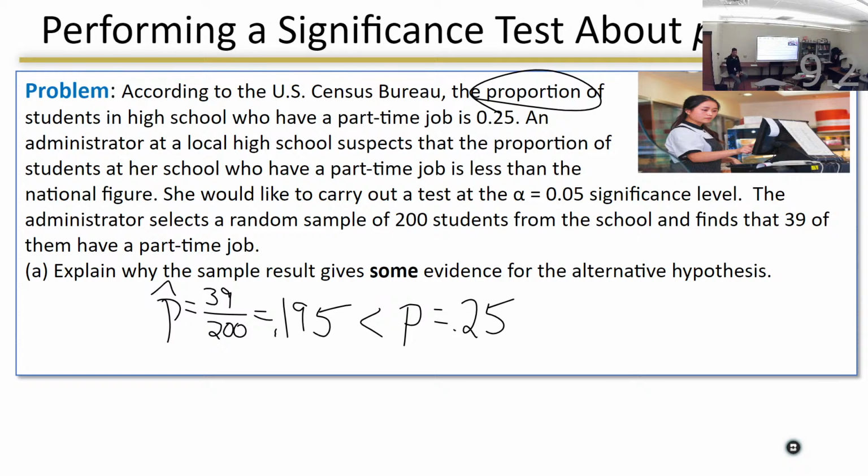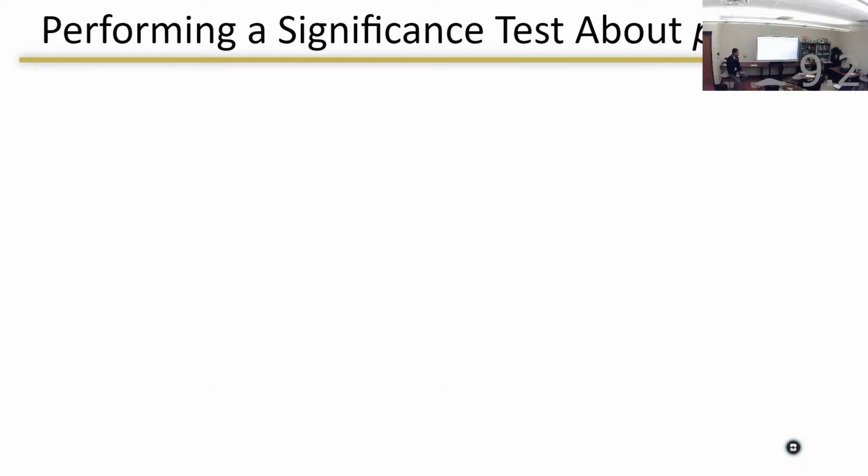Now that I have some evidence, I want to see if I have statistical evidence. So I'm going to go through the whole full-blown process. How you want to start, I don't care.